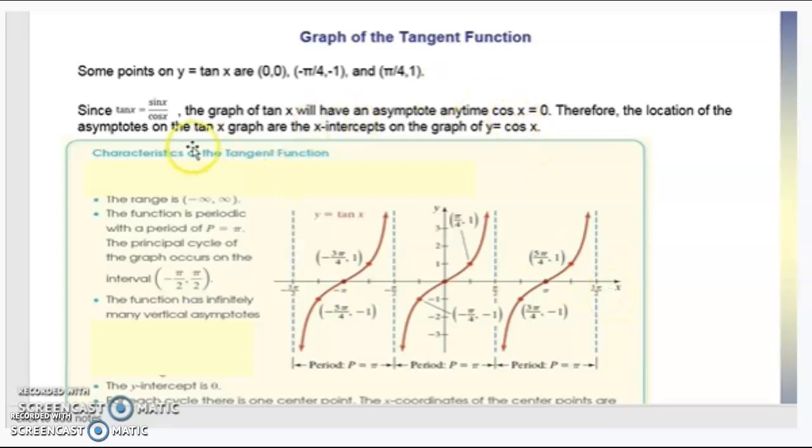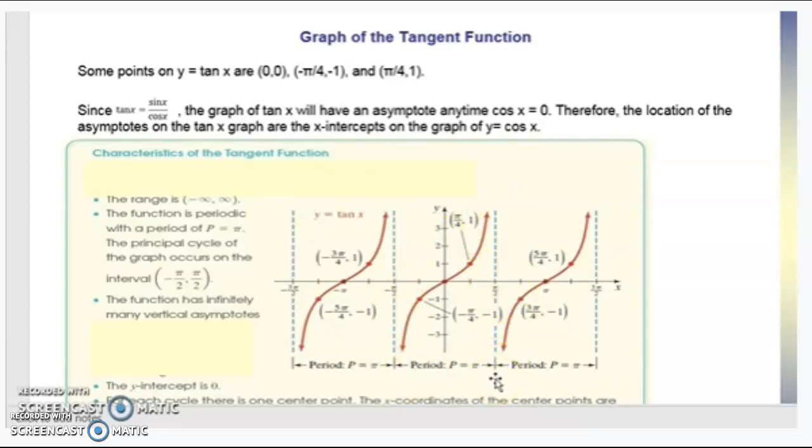The definition for the tangent function is the sine function divided by the cosine function. Of course, we cannot divide by 0. Therefore, anytime the cosine of the angle equals 0, your tangent function will have an asymptote.